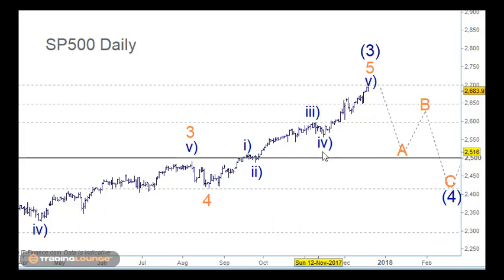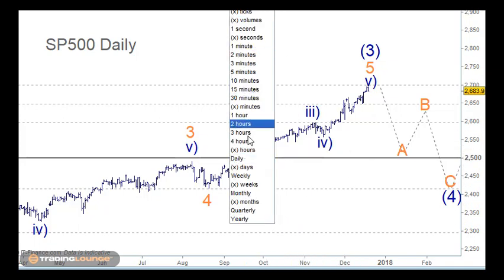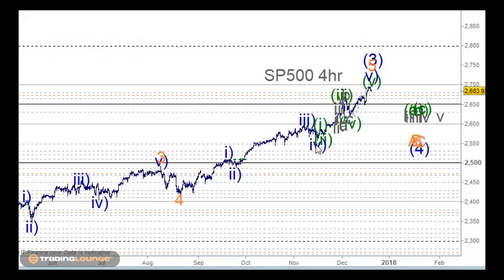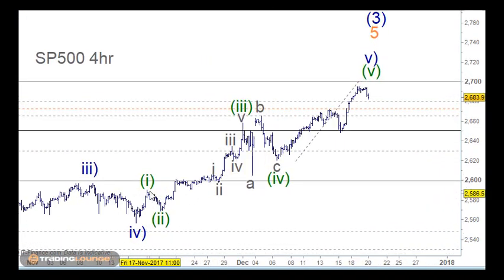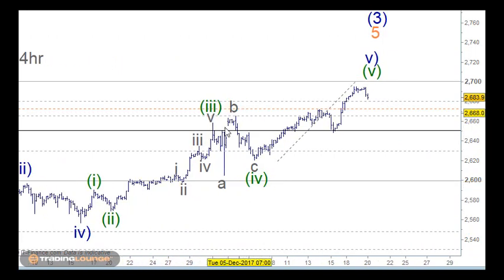Picking it up from this wave 4 here on the 4-hour chart, this little wave 4 here, we'd been working through this as wave 1 and 2 here, and then all the way up for 3 here, and nearly an expanded flat for wave 4 here as an A and a B and a C wave. An expanded flat takes out the top of wave 5 here, and also takes out the low of wave A here.